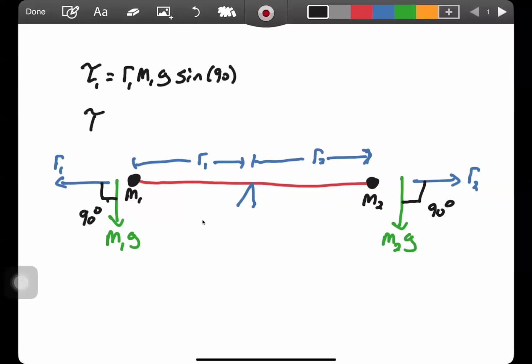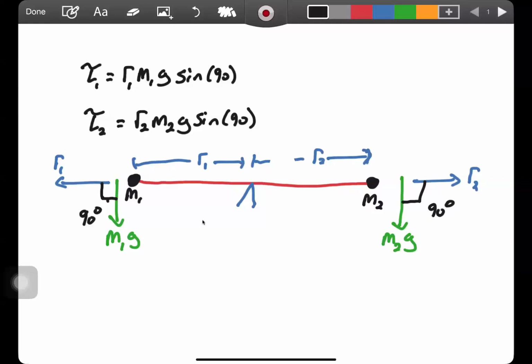And torque 2, so this is the torque on the right side, that's going to be equal to R2 M2 G sine 90. And one more thing to consider, if we're going to talk about rotation, we're going to have some way of keeping track of whether rotation is going in a clockwise or a counterclockwise direction.